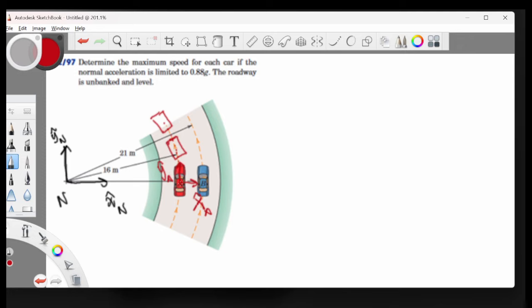So when the car is in a different position, for example this one, we have the xA axis and the yA axis pointing in a different direction with respect to our global xN and yN.